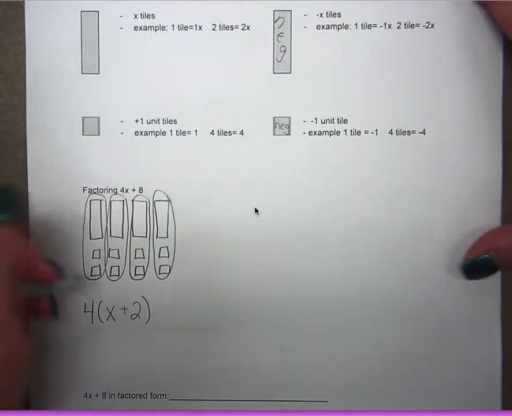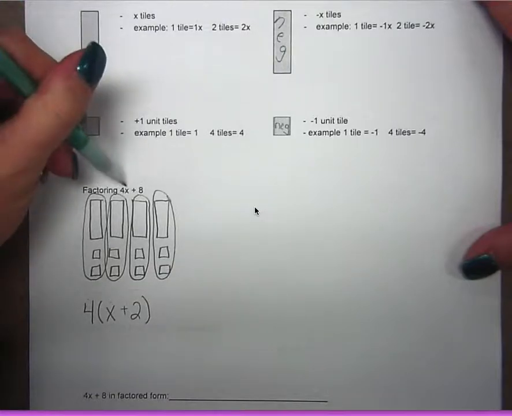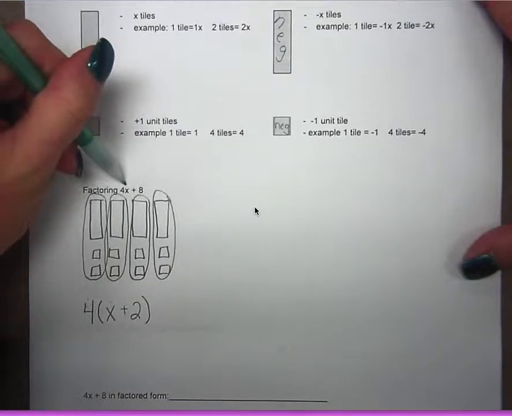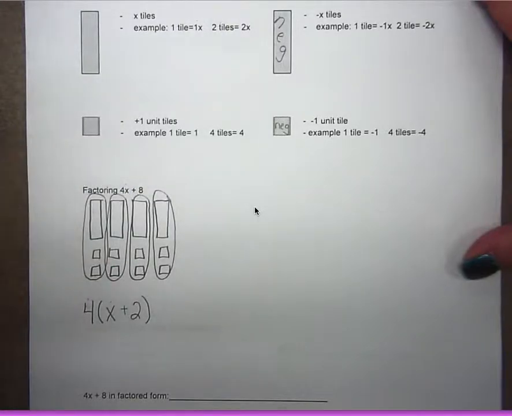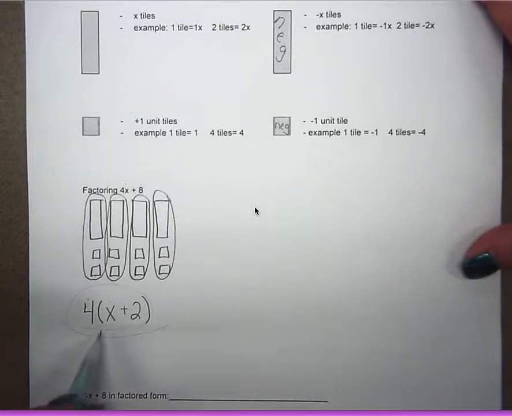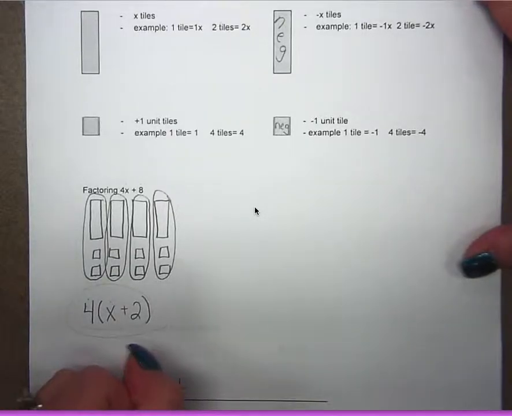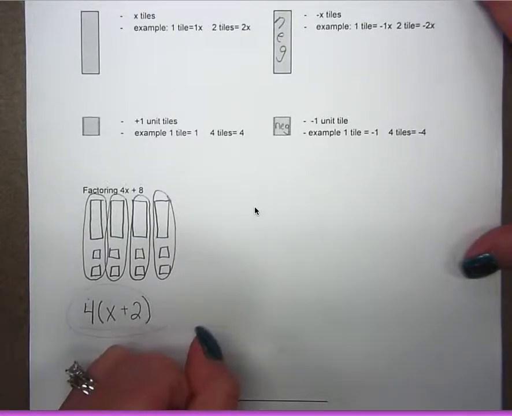If I take 4 times x, that's just 4x. And looking back up here, that's what I have here. And if I multiply 4 times 2, I get 8, and that's what I have here. So my expression matches what I started with. So in factored form, 4x plus 8 is 4 times the quantity x plus 2.